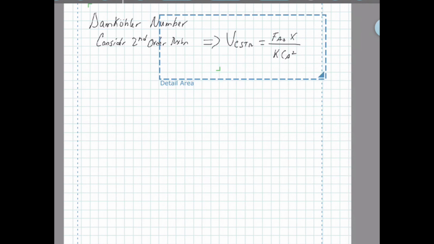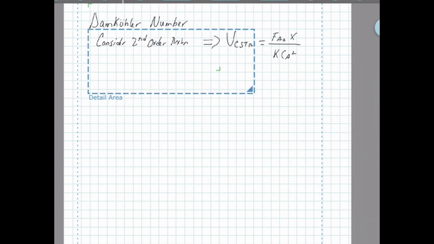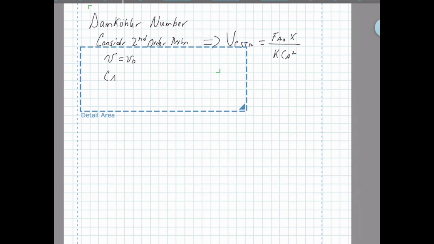If we do the stoichiometric table, we can get information about the concentration at the end, which is very important for our definition of the rate. Remember that there are some assumptions that you have to make. For example, that the volumetric flow rate is constant and there's no change in density. Also, we can get from the stoichiometric table that the concentration at the end equals this.